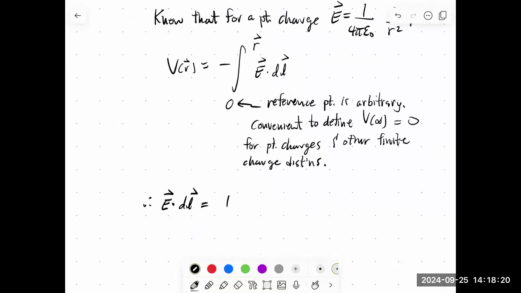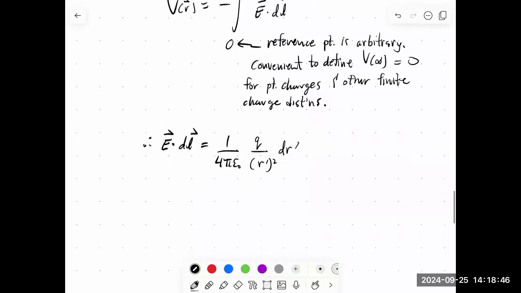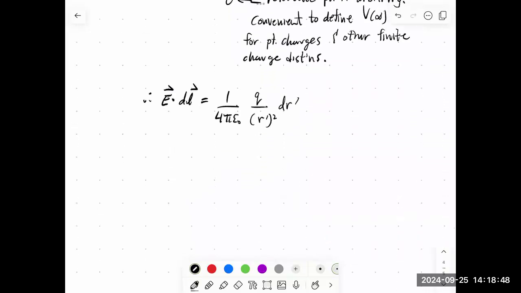So it's going to be 1/4πε0 Q over r prime squared, with dr prime, to distinguish our integration variables from our integration limit that we're going to use.